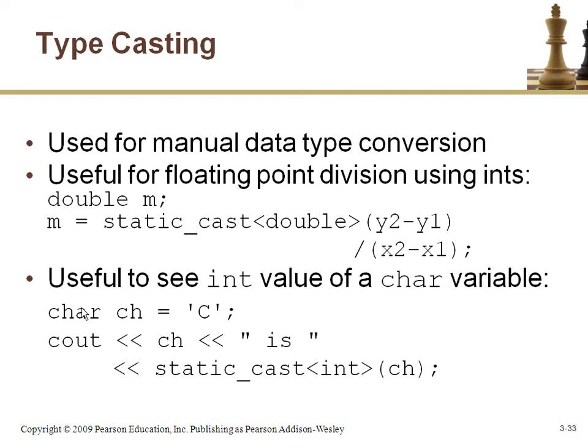When you divide these two expressions, the result would be an integer. However, we are doing a static cast of double to the expression (y2 minus y1), hence the whole calculation will be performed in floating point double, and m would pick up the value as a double.